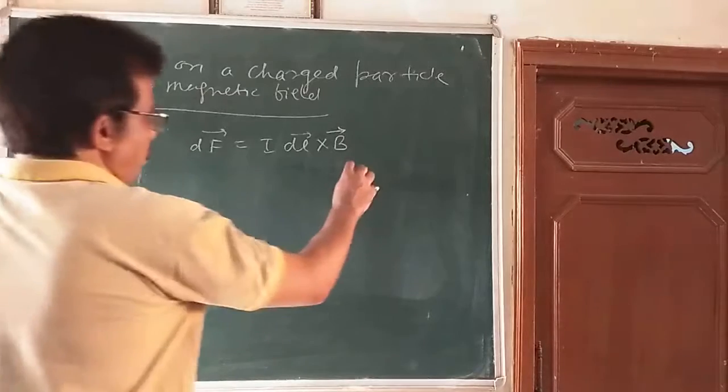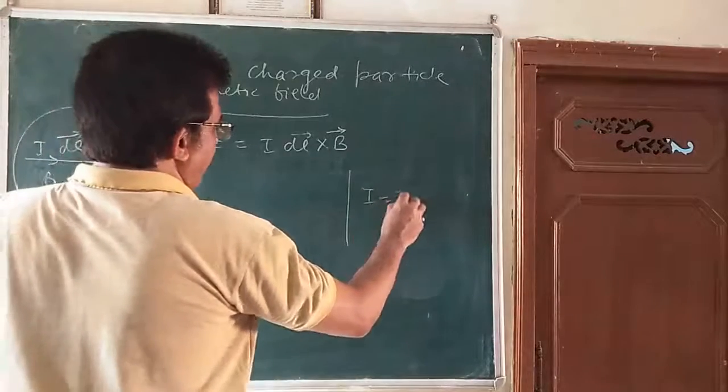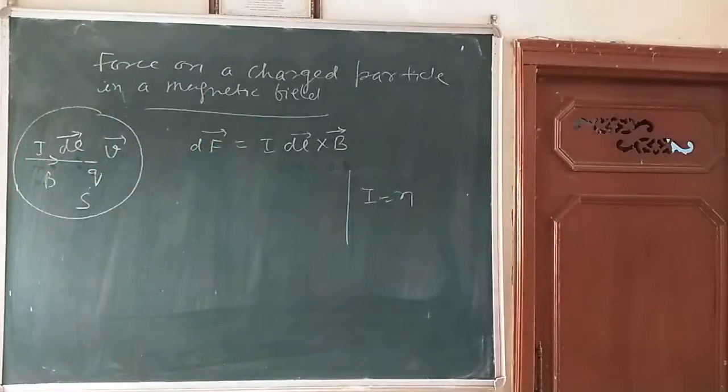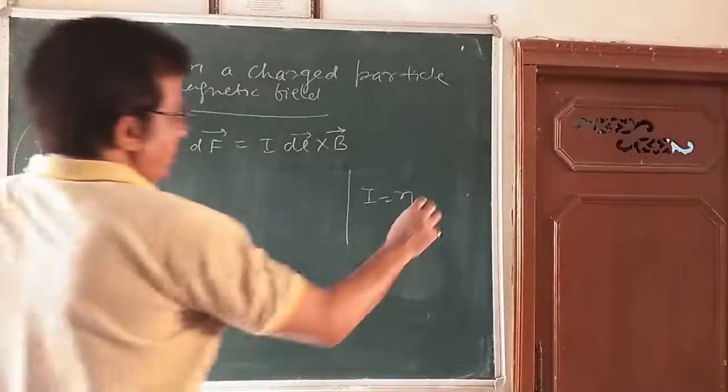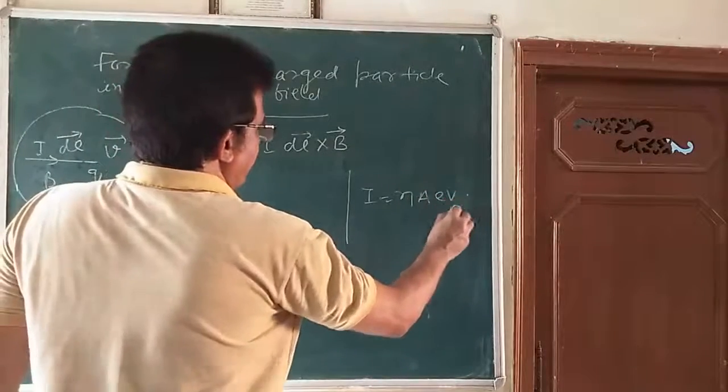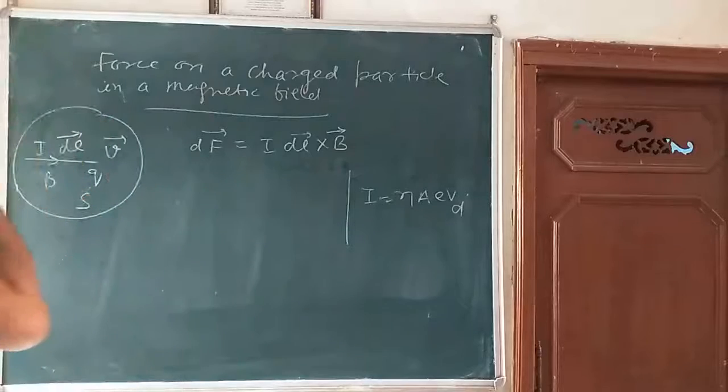Children, one formula I know, the current formula, I equals n A e vd. In the second unit, current electricity, we had the formula of current.